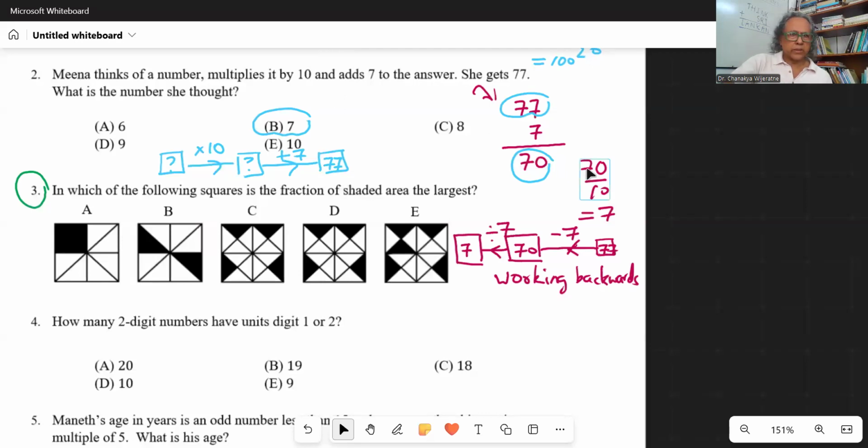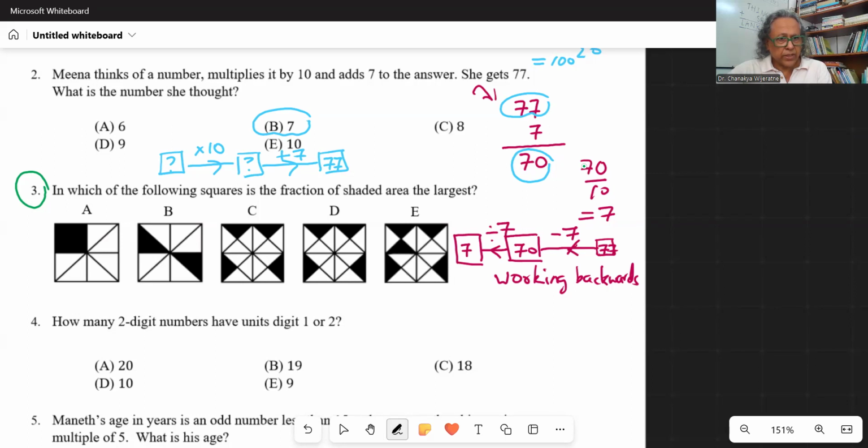Okay, so let's look at the third question. In which of the following squares is the fraction of shaded area the largest? So let's look at the shaded area in each of these responses. In response A, the square is divided into 8 triangles.